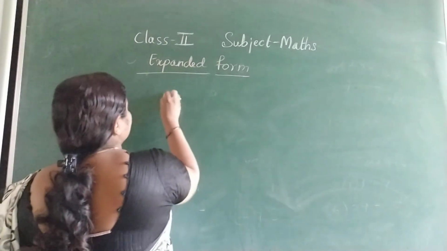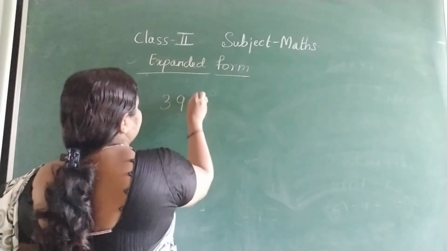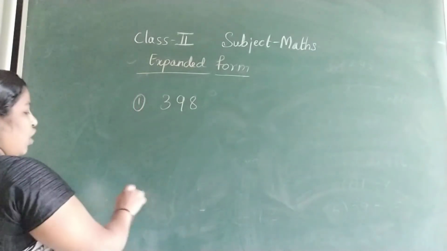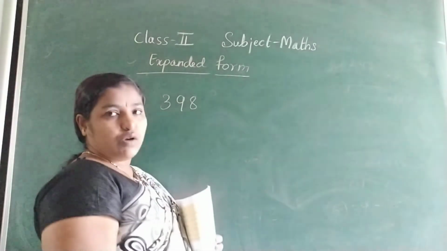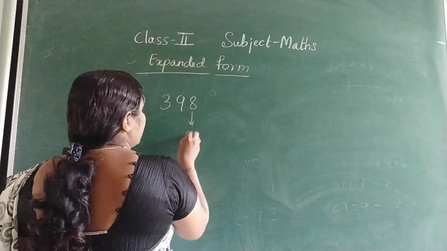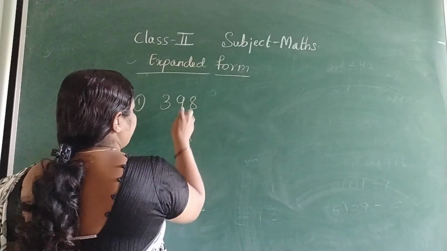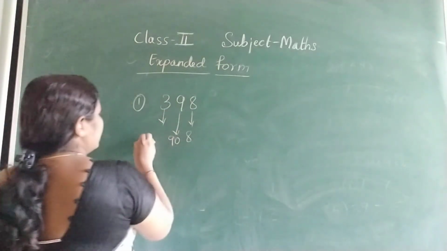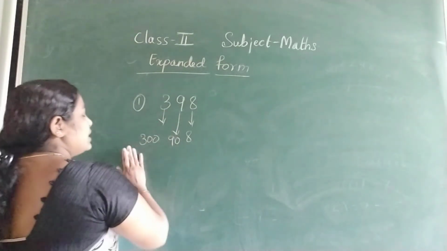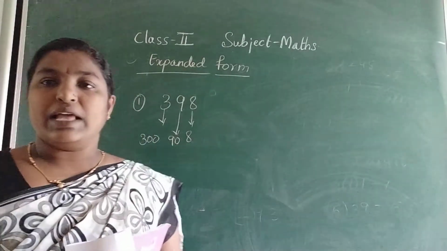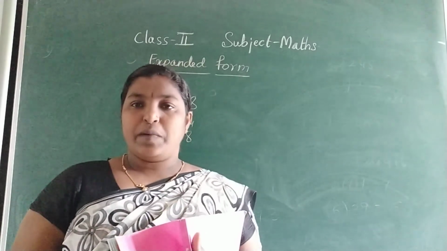Just see 398. This is one example, and you know how to write the place values now. What is the place value of 8? 8. Place value of 9? 90. What is the place value of 3? 300. These place values we should connect with plus, that is known as expanded form.